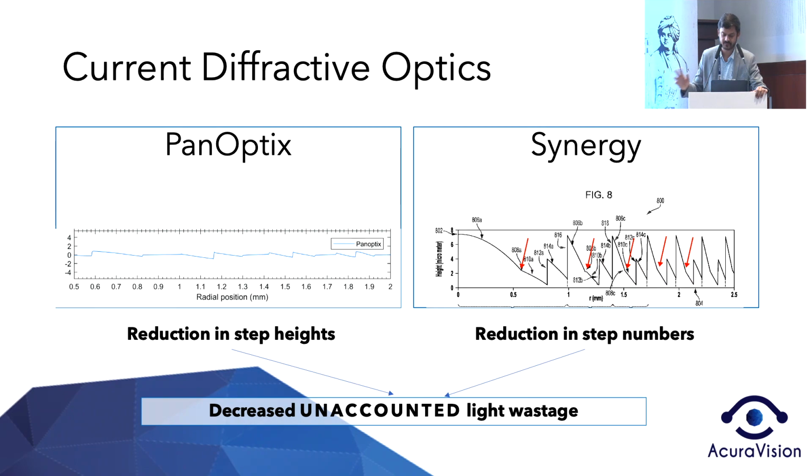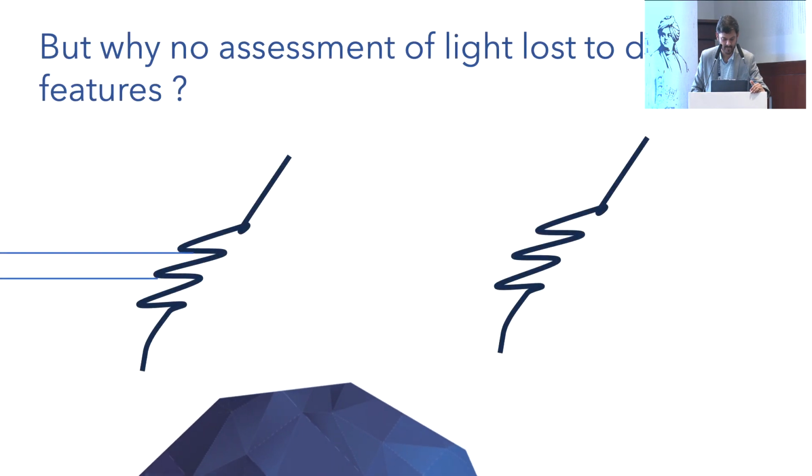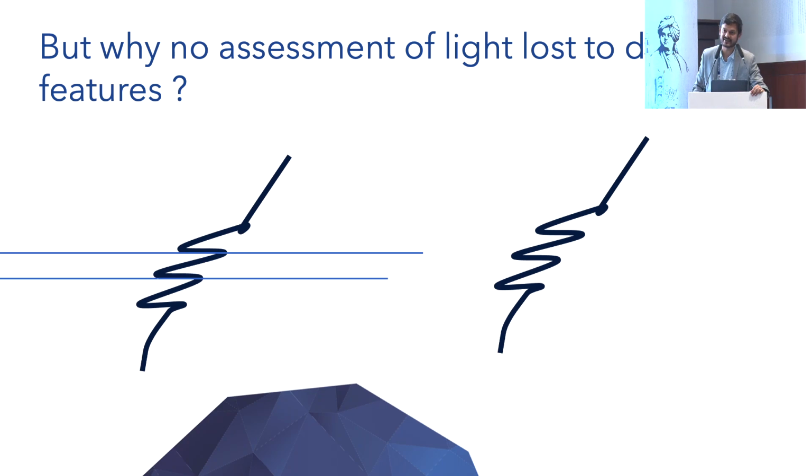Currently, the most popular lenses either reduce the step height or reduce the step number to reduce this unaccounted light wastage. Now, why is there no assessment of this light loss to design features? The reason is that when you are testing an IOL on the optical bench, the light is aligned parallel, like they said in that patent application.